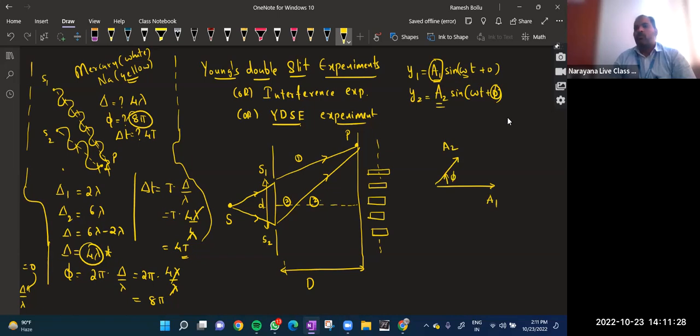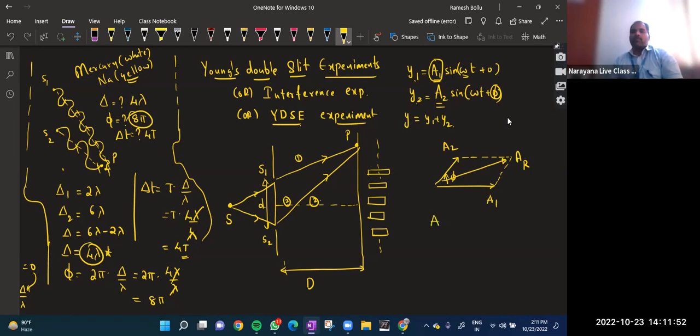So, two waves will mix, means interfere. It will get a resultant wave, na? What resultant wave? Y1 plus Y2. If you use the parallelogram law of vector addition, what is the resultant amplitude represented by? The diagonal only represents the resultant amplitude. Who will tell the resultant amplitude formula?